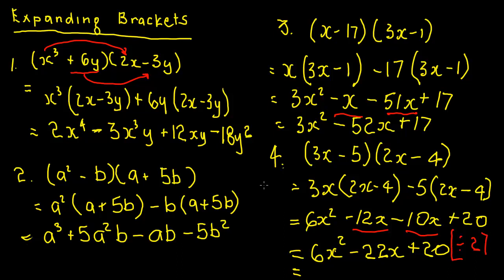That's just a bit of a technical maths issue that we could do if we wanted. So it could be equal to 3x squared minus 11x plus 10. And there we have it, expanding brackets for examples.